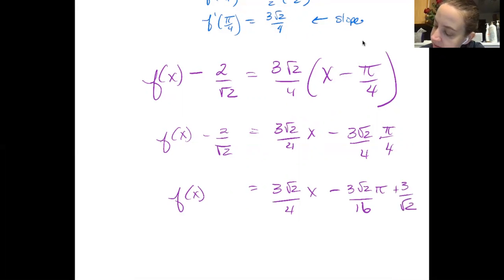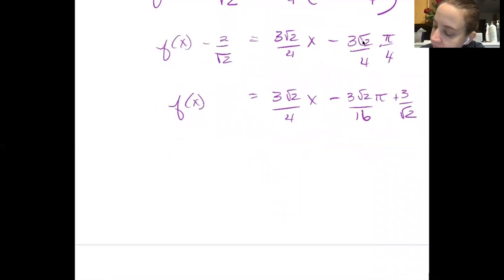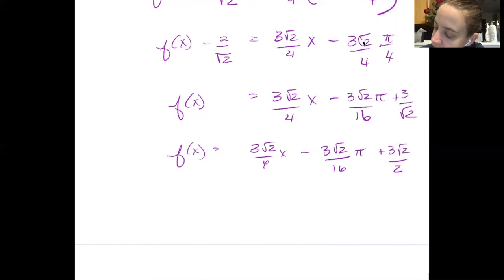Oh, I'm looking at this and I can actually go further. Now if I rationalize that denominator, I don't know, it's early morning. I feel like doing math, I guess. This would be 3 root 2 over 2.